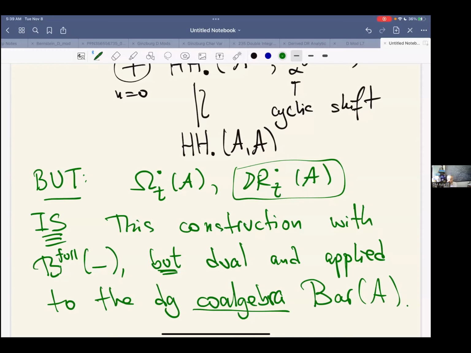It is applied not to the algebra A, but to the coalgebra bar of A.